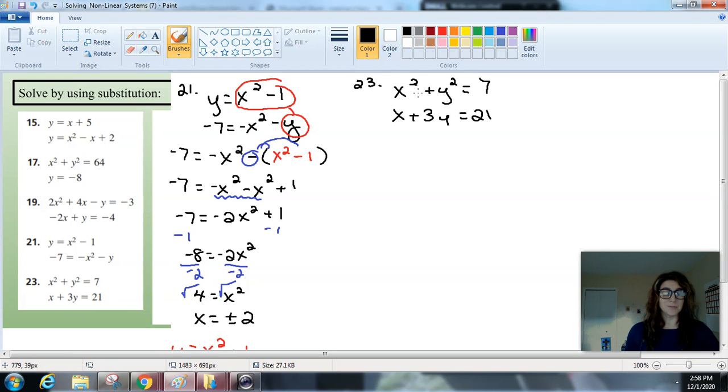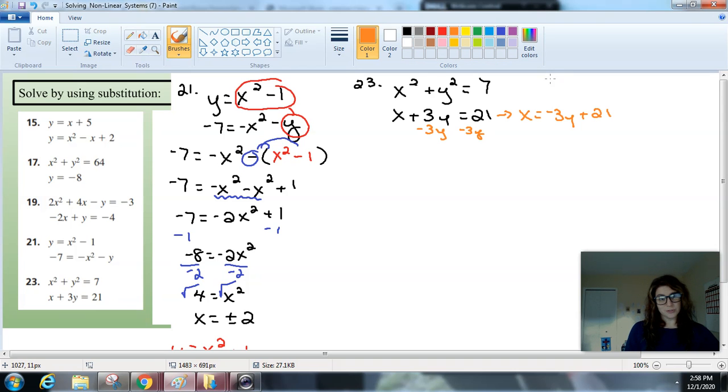I have an x squared and a y squared, so it doesn't matter at this point. So I'm going to choose to do x by itself, just because the x is easy to get alone just by subtracting this negative 3y. So then this becomes x equals negative 3y plus 21.